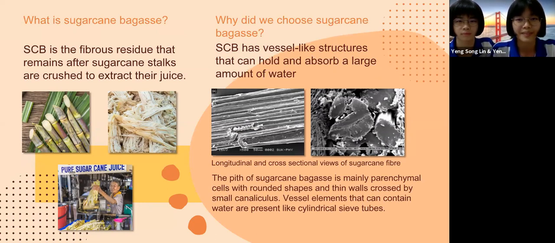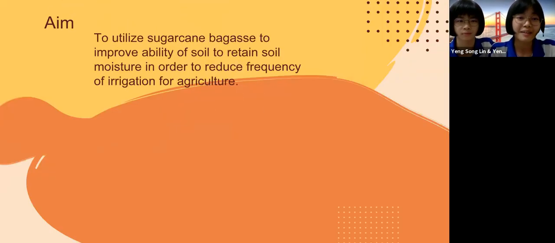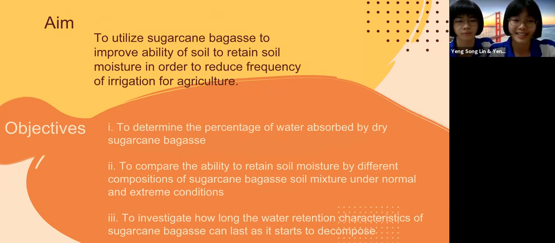Hence, the aim of our study is to utilize sugarcane bagasse to improve the ability of soil to retain soil moisture in order to reduce the frequency of irrigation for agriculture. And we have 3 objectives in our studies. First, we want to know how much water can dry sugarcane bagasse absorb.